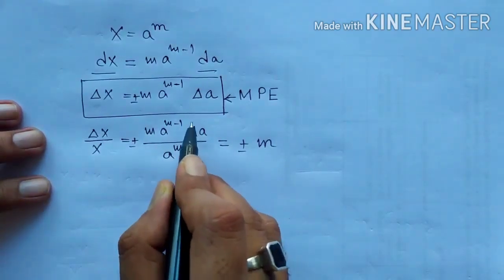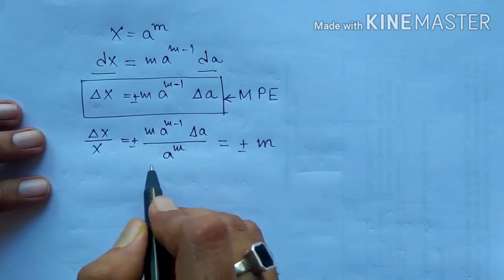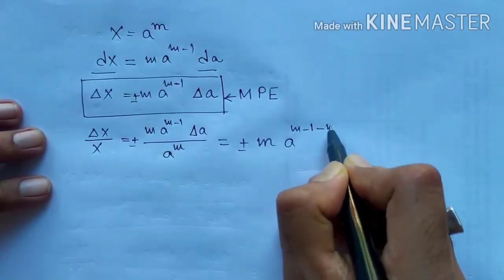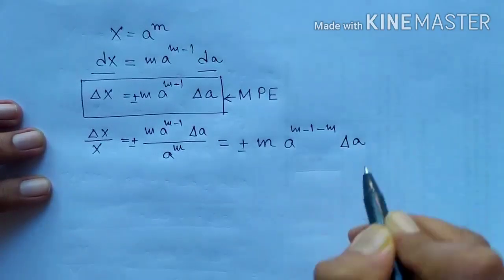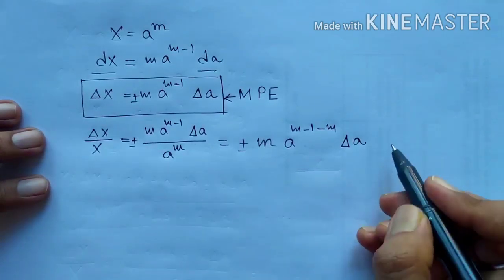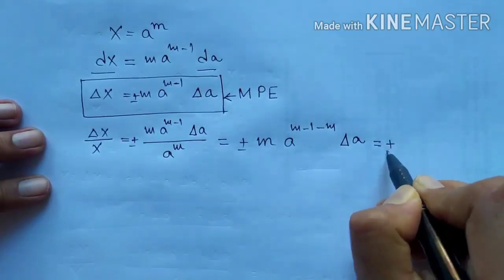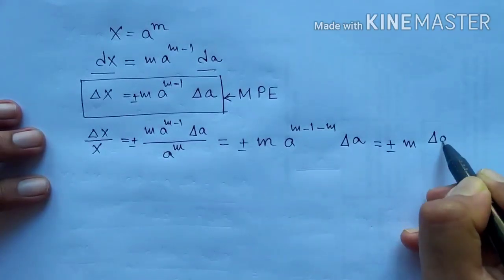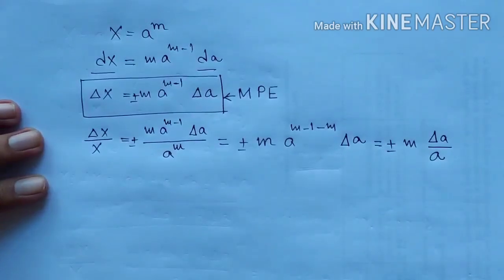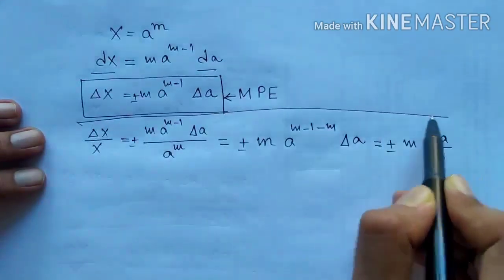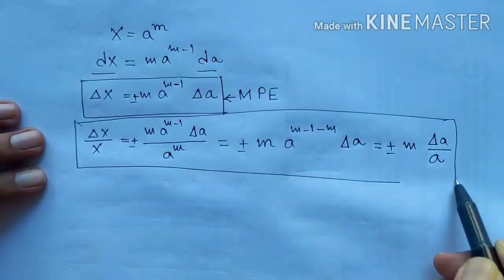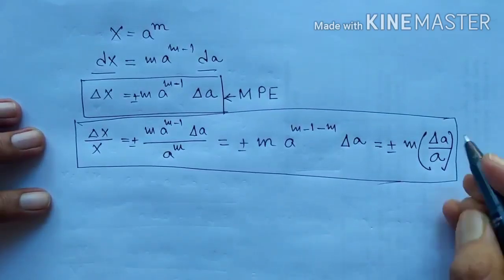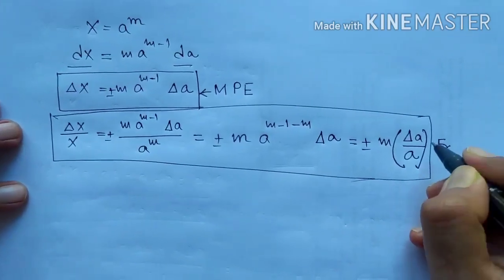When it goes to the numerator, it will become minus m. So I will have m minus 1 minus m, delta a. That means I will be left with m delta a by a. So delta x by x equals plus minus m delta a by a. This is the expression of fractional error.